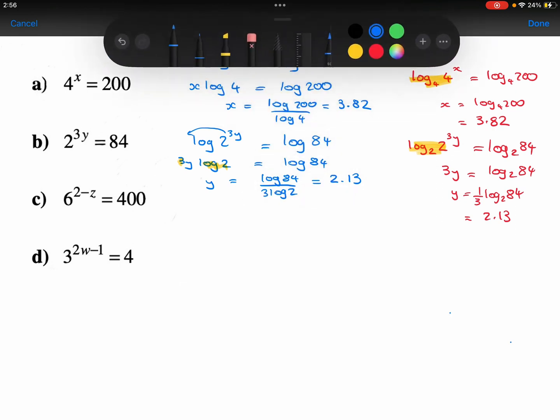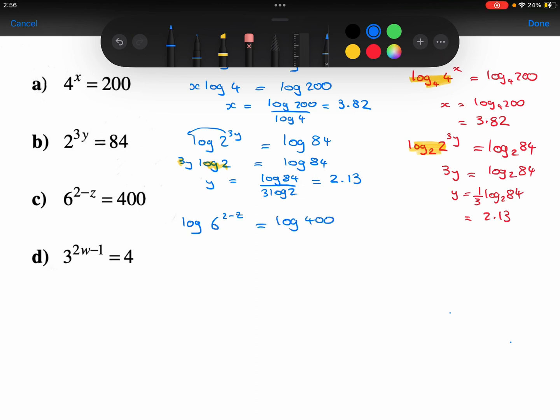Question C. Again, I'm going to show you both methods. We'll take log of both sides. I can then use the laws of logarithms to bring the whole of the 2 minus z to the front. I'm then going to divide both sides by the log 6.